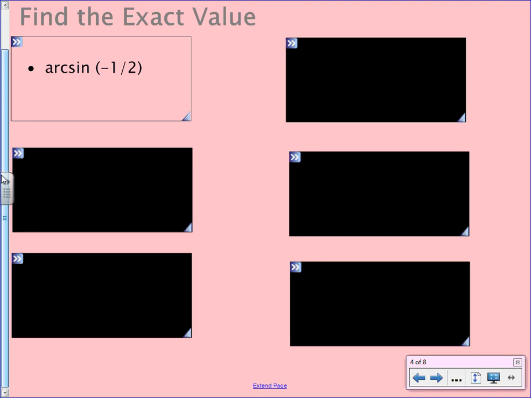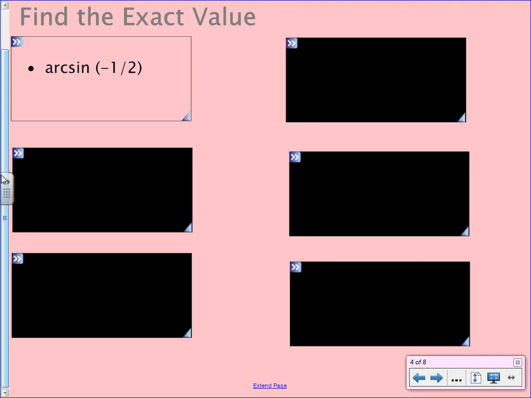So now we're looking for an angle in either the first or the fourth quadrant that has a sine ratio of negative 1/2. Are we going to look in the first or the fourth? The fourth. So where in the fourth quadrant is sine 1/2? We do need to do the negative thing.